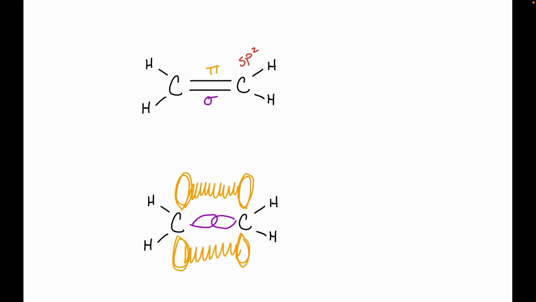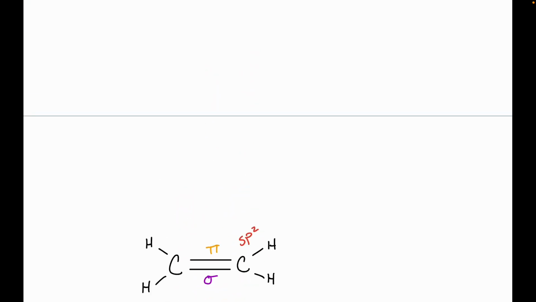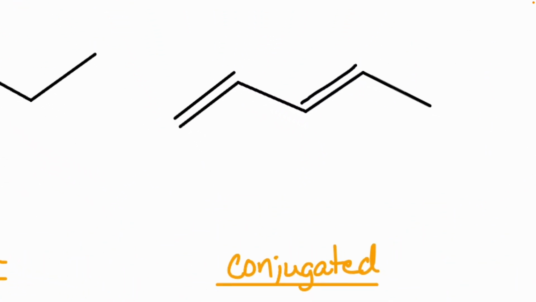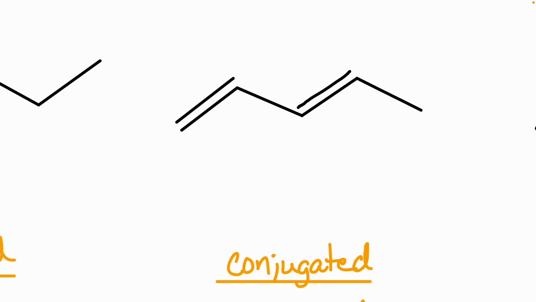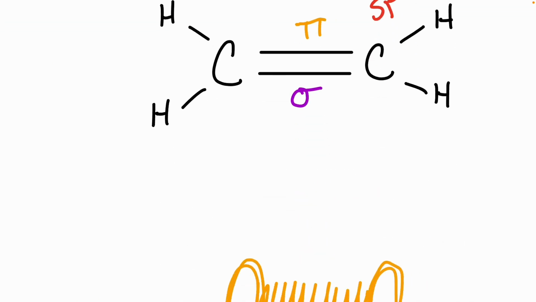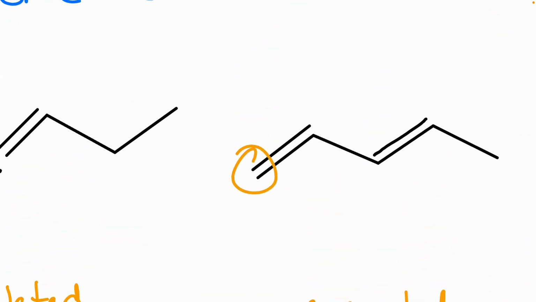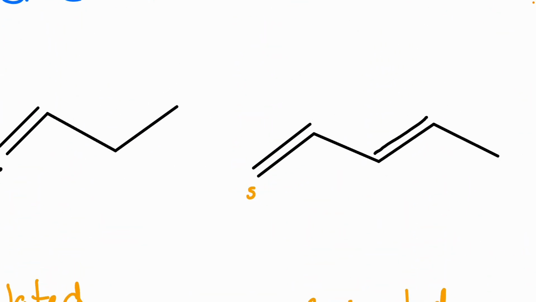Okay? So now let's go back to our conjugated diene here. All right, what's going to be the hybridization of this first carbon? sp2, right? Just a normal old sp2.